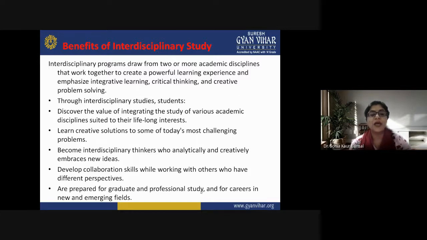So develop collaboration skills while working with others who have different perspectives. Moreover, students are also prepared for graduate and professional study and for careers in new and emerging fields. Nowadays, you cannot say that educational technology is entirely a new, separate field.